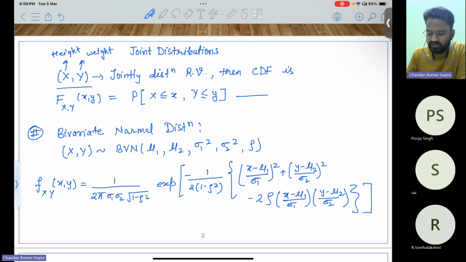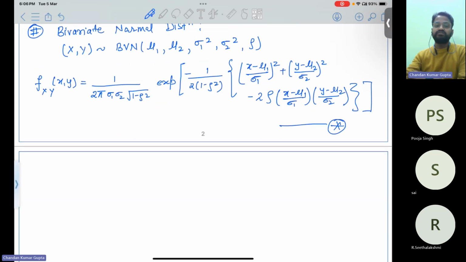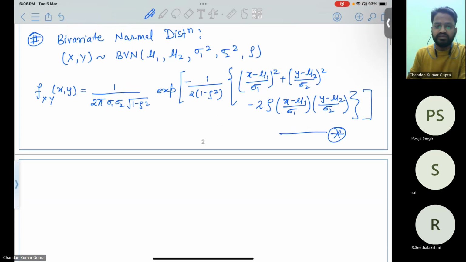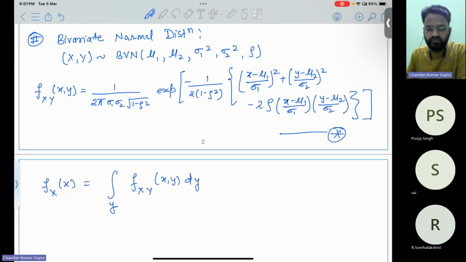The bivariate normal distribution has different properties. From this PDF, we can calculate the marginal of x and the marginal of y. How? To calculate the marginal distribution of x, we integrate the joint distribution over the range of y.